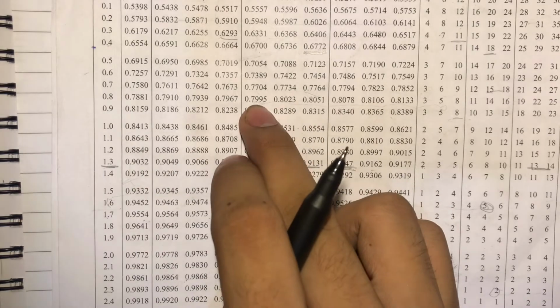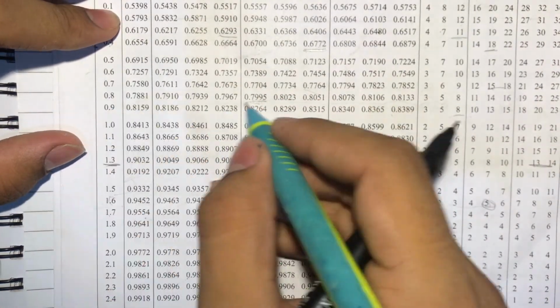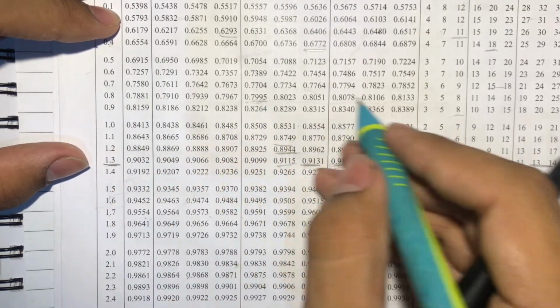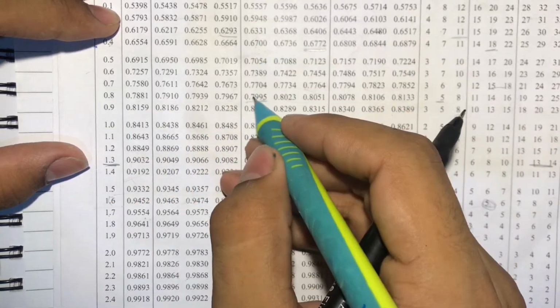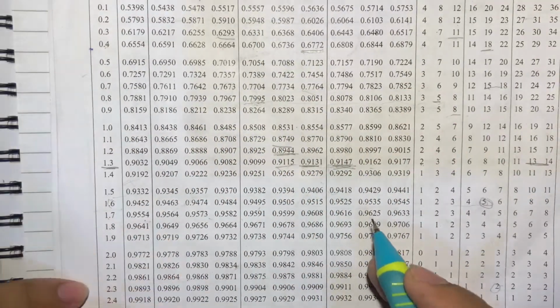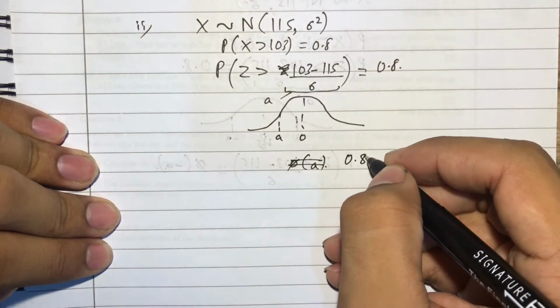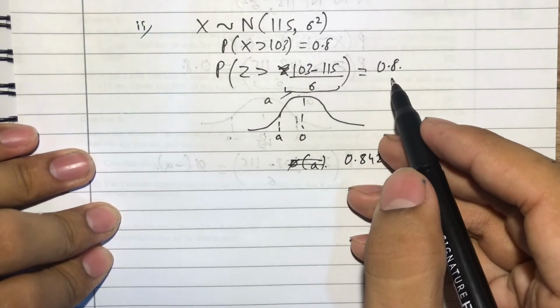Probability is 0.8, at basically this is 0.7995. At 0.84 it's 0.7995. We have to add 5 to it, so 5 is over here at 2, so 0.84 and then 2. So at 0.842 the probability is 0.8, right?